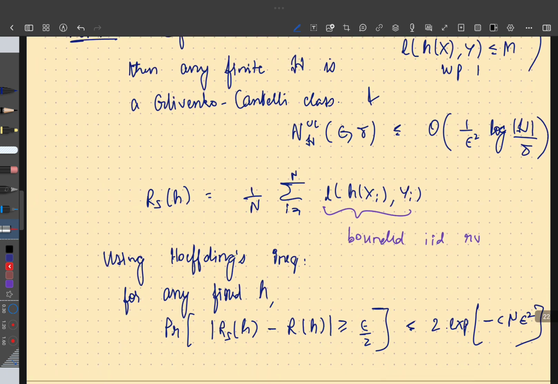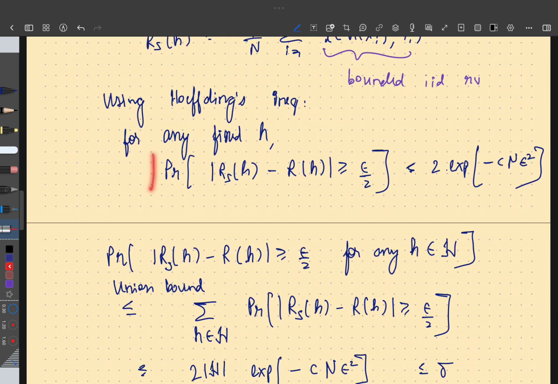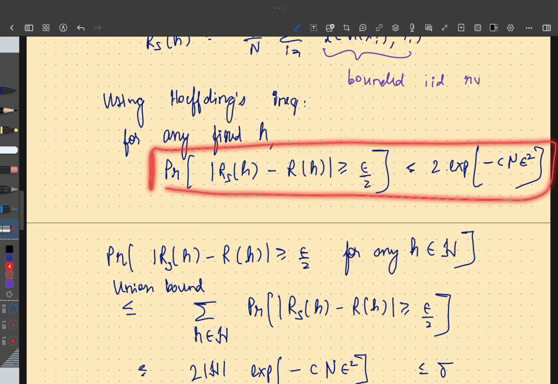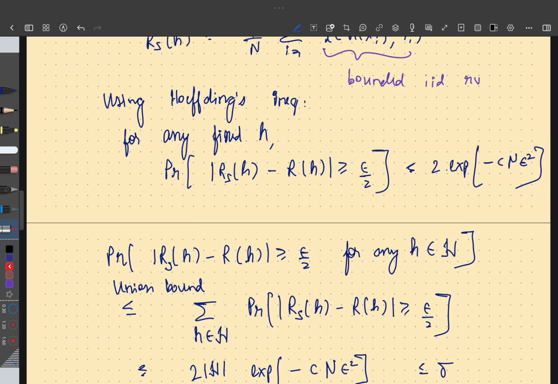Remember what we have here: for any fixed h, R_S of h converges to R of h at an exponential rate. When I say rate, it's as a function of the number of samples.